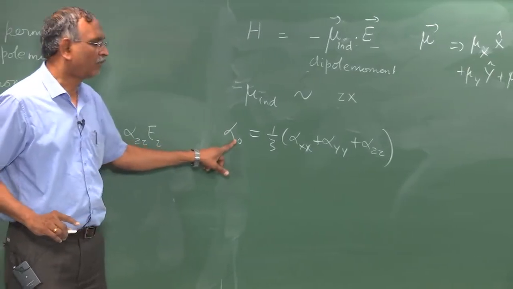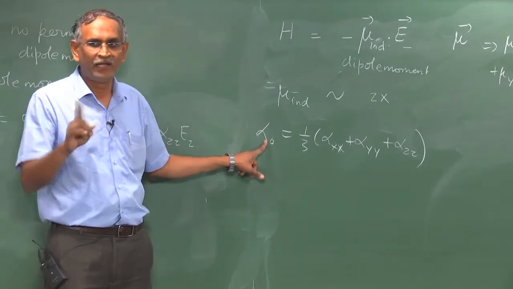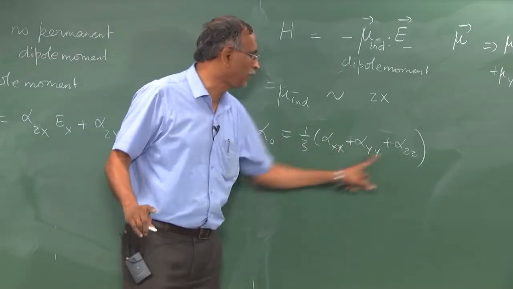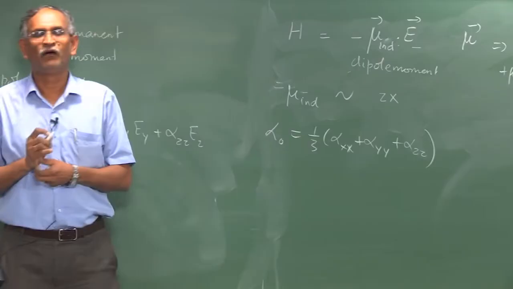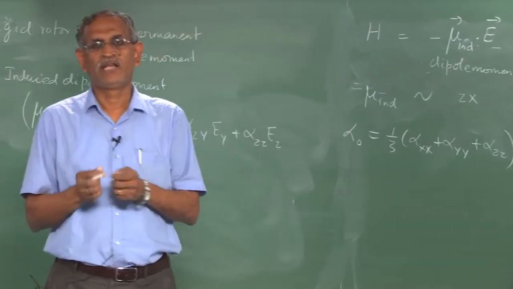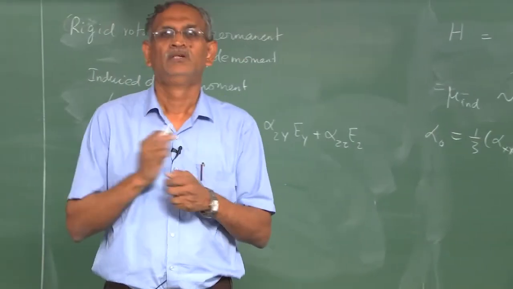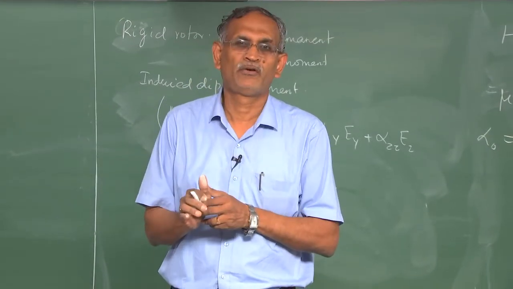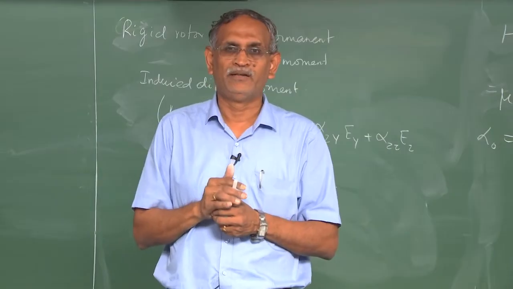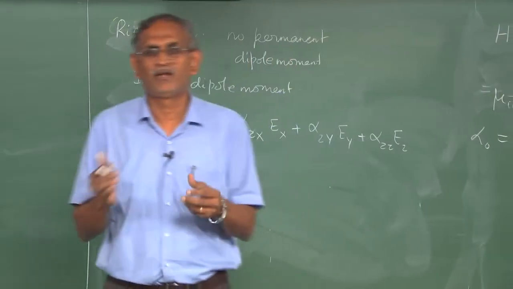This alpha naught, which is a constant, does not have any direction dependence; everything has been summed here. This constant therefore also gives rise to what is called a delta J equal to 0 transition. In microwave spectroscopy you do not have a delta J equal to 0, because there is no microwave spectroscopy then. Delta J is plus or minus 1 for a rigid molecule.